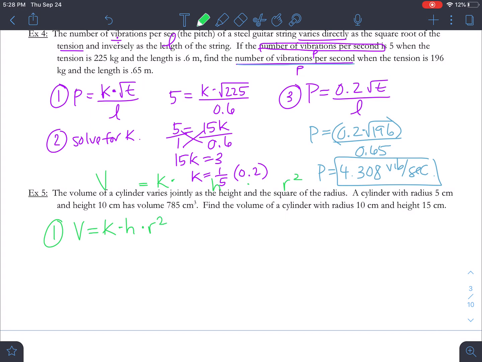Okay, maybe this looks a little familiar to you. Then it says a cylinder with a radius of 5 and height of 10 has a volume of 785. Find the volume of this cylinder with more information. Okay, you guys know next step, we solve for K. With that given info right here, it tells us one situation. It says, okay, if we have a volume of 785, we don't know what K is, but we have a height of 10 and a radius of 5.